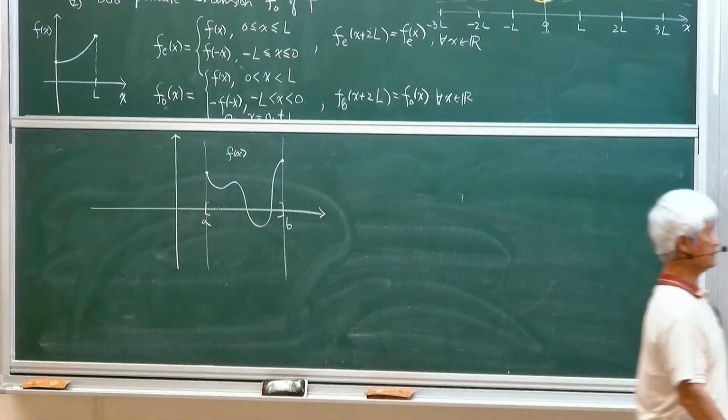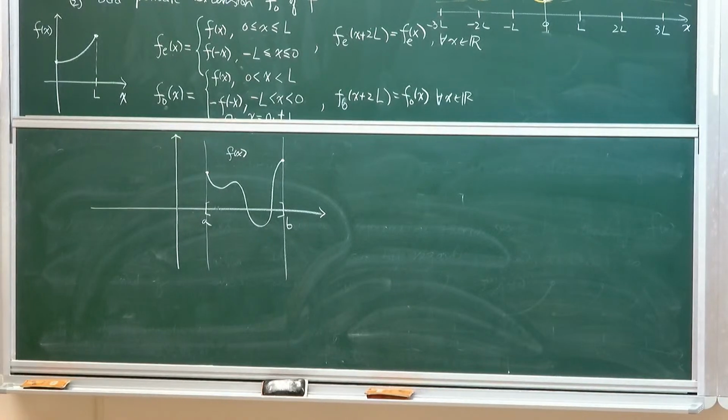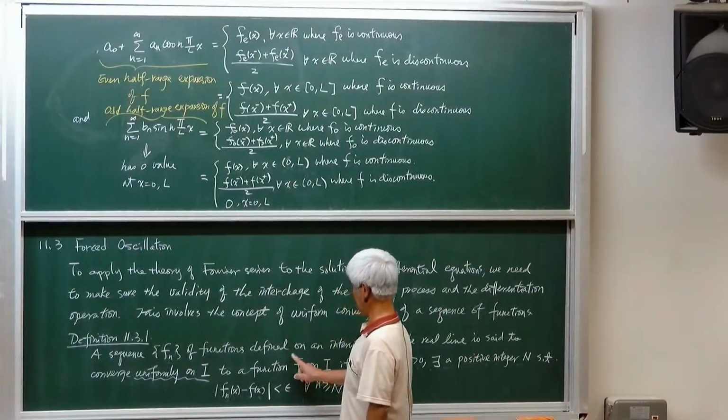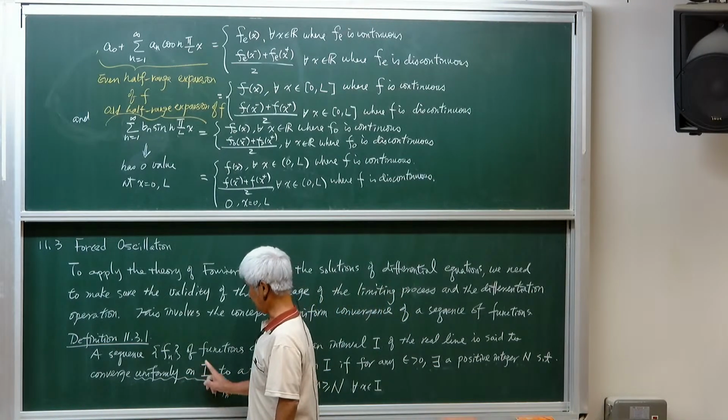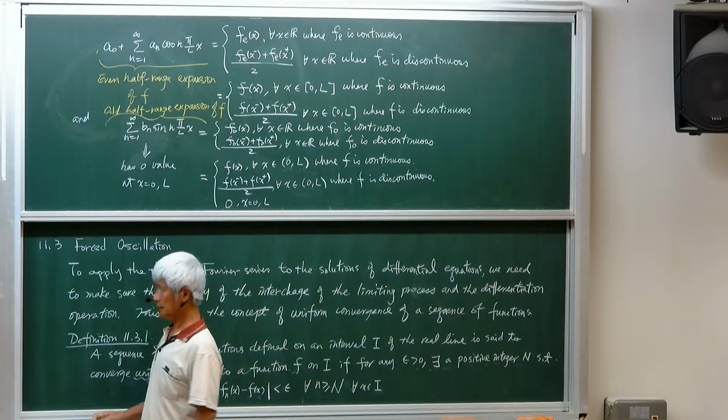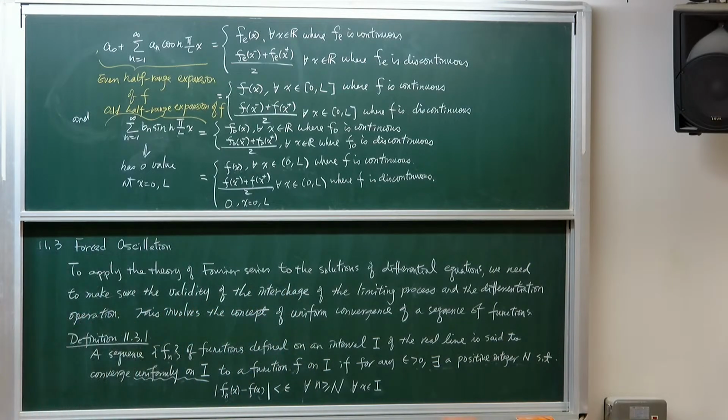And we say that the sequence of functions converges to this limiting function f of x uniformly on I.